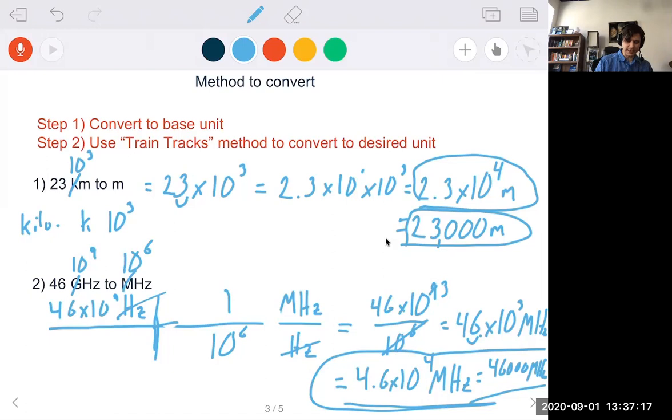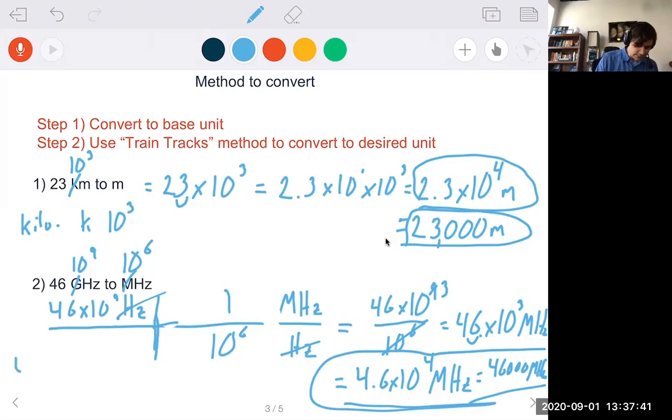So if giga is 1,000 times bigger than mega, and I have 46 giga something, that means I would have 46,000 mega something. And that's another way you could logic your way through it. Once you get used to the prefixes, I can look at 46 gigahertz and megahertz and convert that directly to megahertz, because I know giga is 1,000 times bigger than mega.